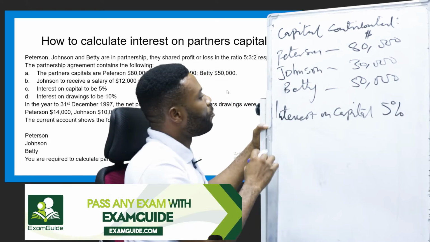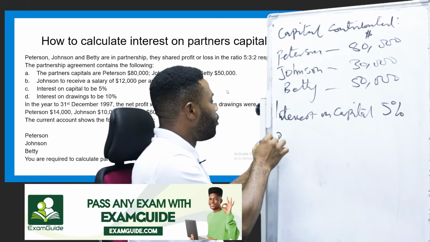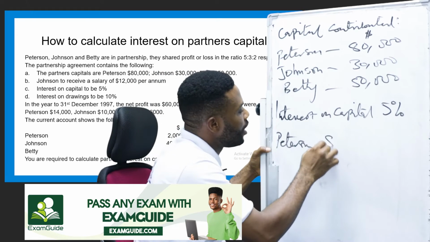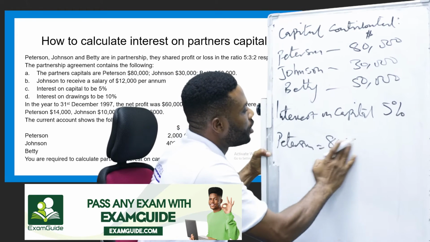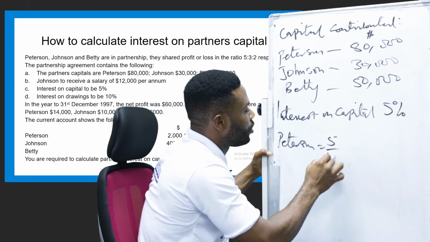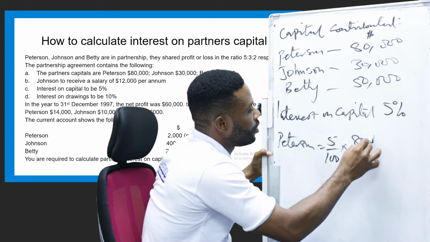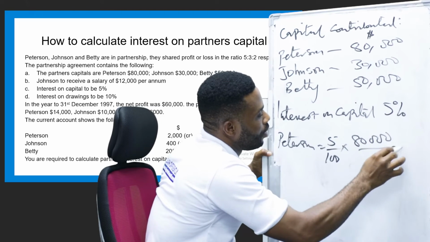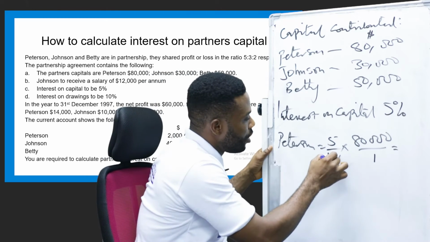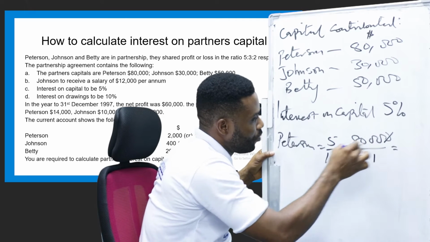So let's go for Peterson now. It's simply equal to 5% times 80,000. That's 5 over 100 times 80,000 over 1. So how much is it? 0 will cancel 0, 0 will cancel 0.